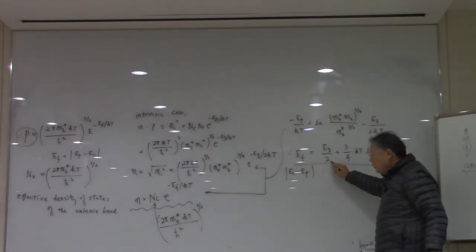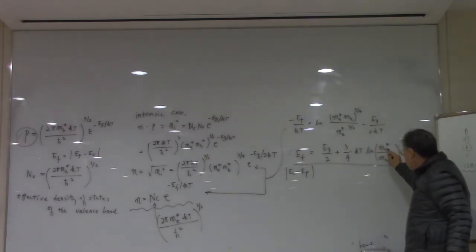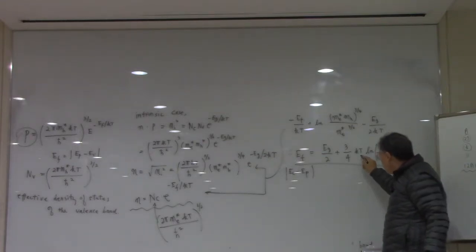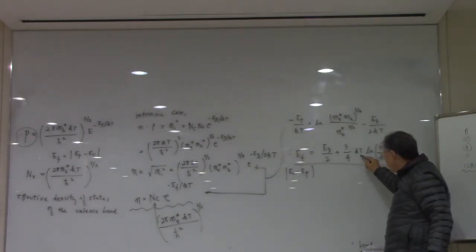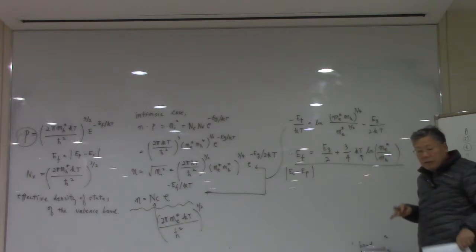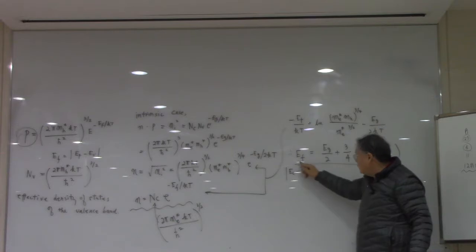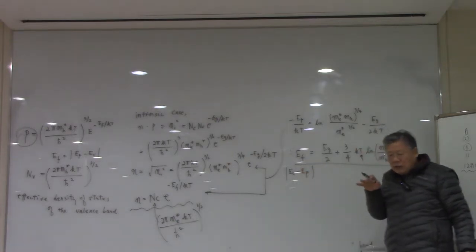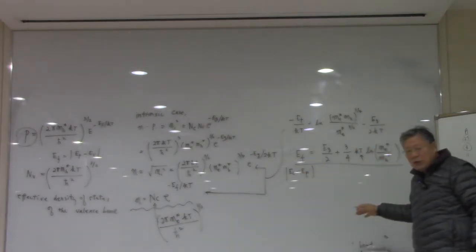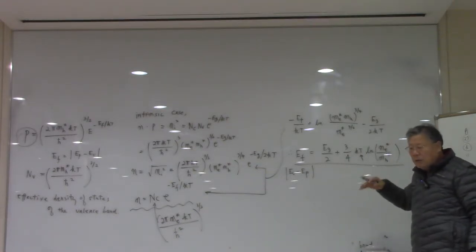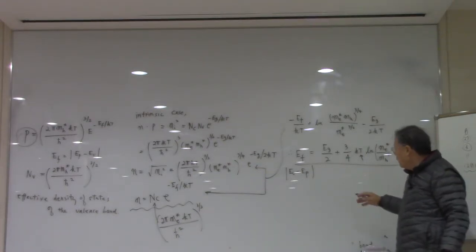The band gap we know, and effective mass we know. So depending on the temperature, everything else is fixed. Depending on the temperature, we can see how the Fermi energy in the system is going to change. So that is the dependence of the Fermi energy in the solid.